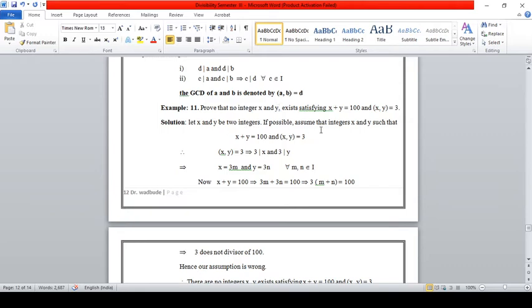If possible, assume that integers x and y exist such that x plus y is equal to 100, meaning the sum of these integers is 100, and their GCD is 3.